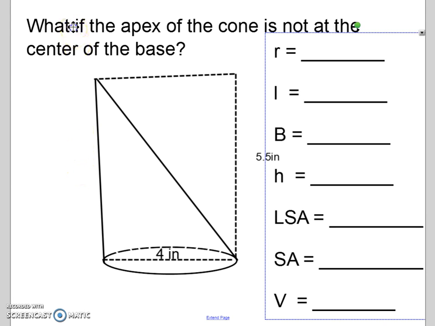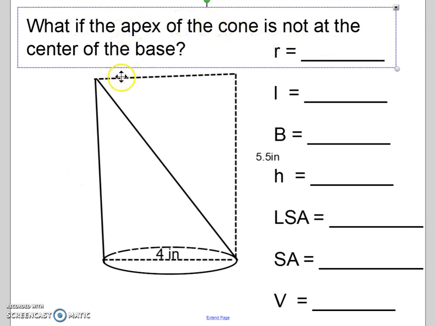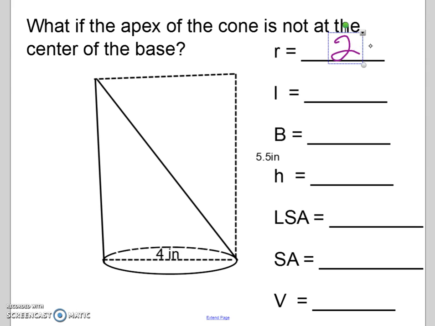Our next example, the apex of the cone, which is like the tip piece of the cone, is not at the center of the base, but it doesn't really change a whole lot. So the radius is 2. The slant height here, we're going to have to find in a second.